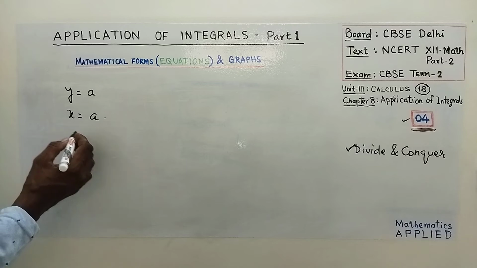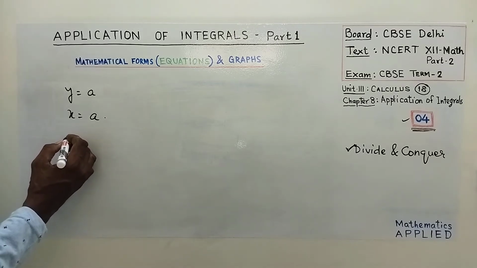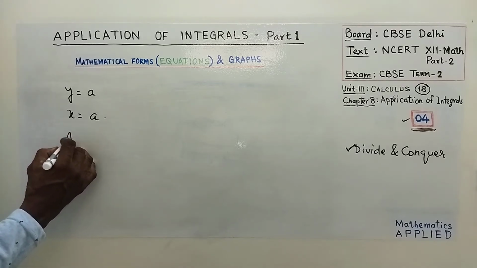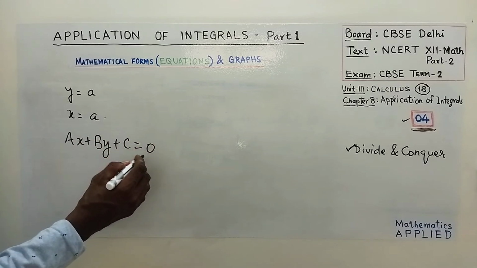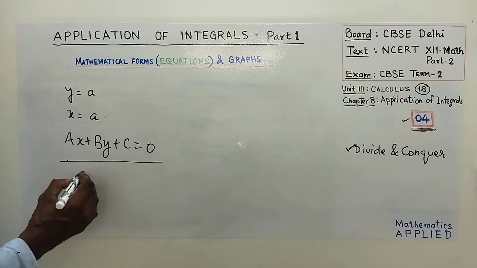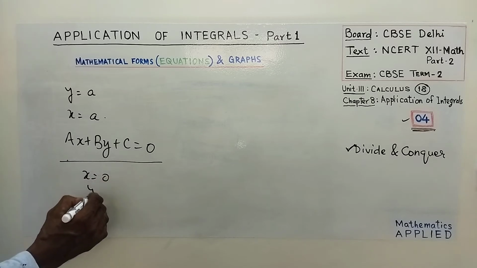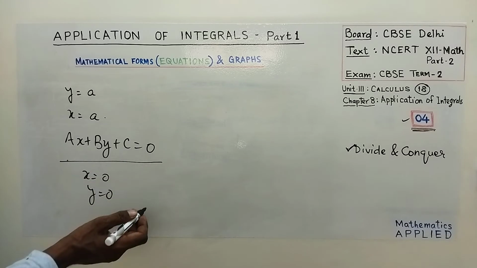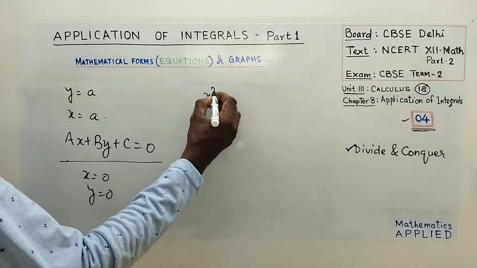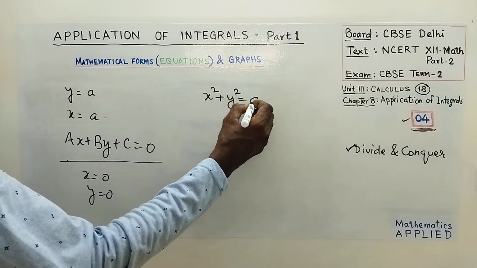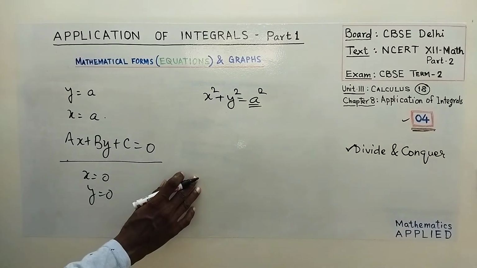Then lines inclined to both the axes will be ax plus by plus c equal to 0. This will be the equation given to you. You will be using just x equals 0 and y equals 0 to find the intercepts and draw the line. Then there is the circle, x square plus y square equals a square, where a is the radius.